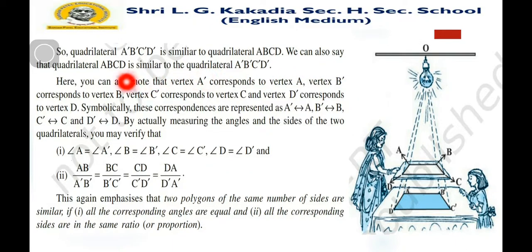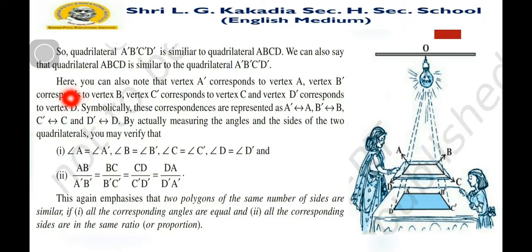We can also say that quadrilateral ABCD is similar to quadrilateral A dash, B dash, C dash, D dash. Conversely, if ABCD is similar to A dash, B dash, C dash, D dash, we can also say that A dash, B dash, C dash, D dash is similar to ABCD.